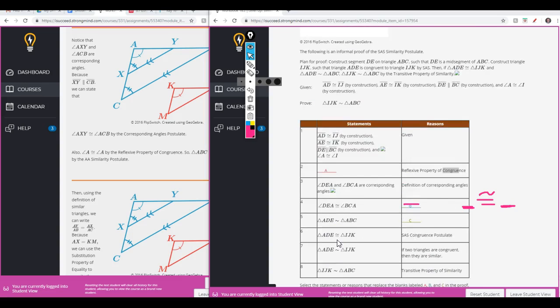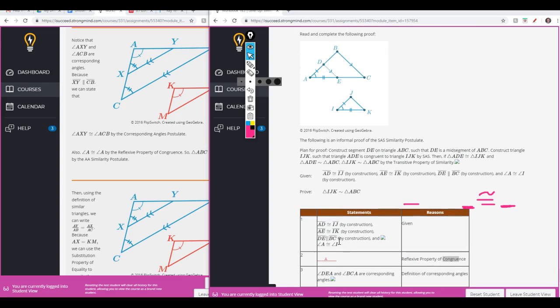So how are we going to filter these out? Well, I'm going to ask myself, we're trying to prove two triangles that are similar. So I'm going to ask myself, which of these angles is in both of those triangles? And I noticed right off the bat that angle A is part of this smaller triangle right there, and also part of the larger triangle right there.